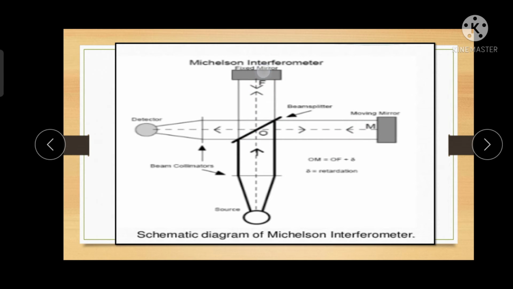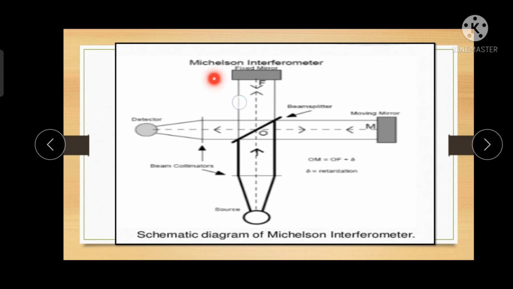The beam splitter divides this beam, that is, it partially reflects and partially transmits the source radiation. The reflected beam goes towards the moving mirror, and from the moving mirror the light is reflected and comes back to the beam splitter. Similarly, the partially transmitted source radiation approaches the fixed mirror, is reflected from the fixed mirror, and again goes towards the beam splitter.